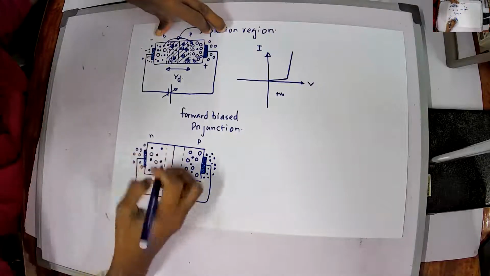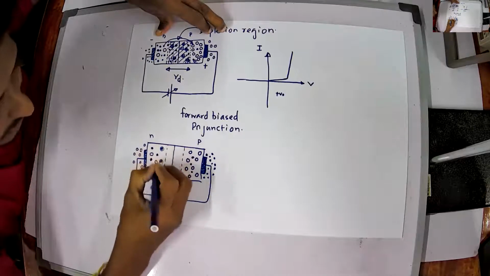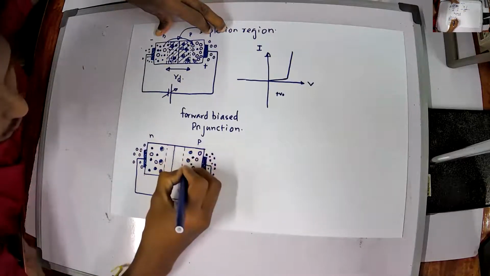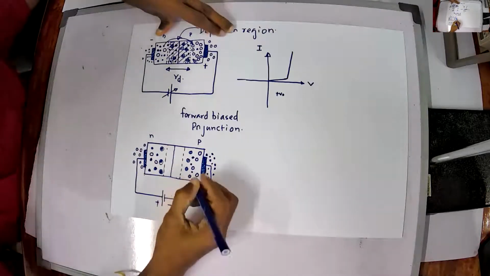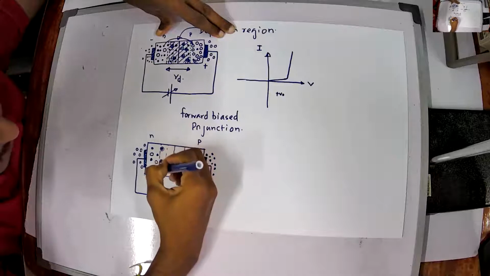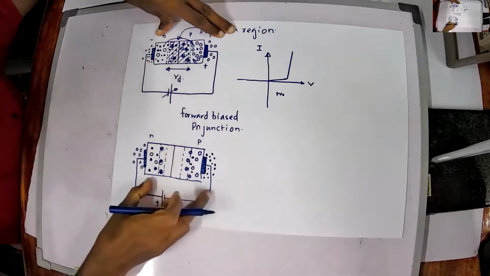So all these free electrons will recombine with the holes, and these holes will be filled with these electrons. Hence, I can say that the depletion region will grow or get wider.